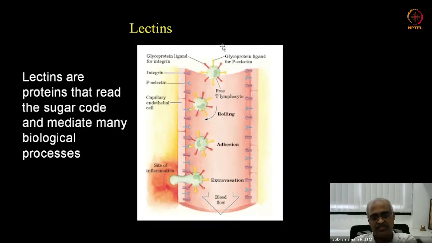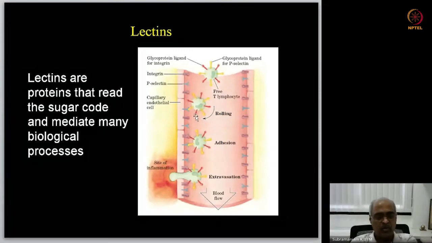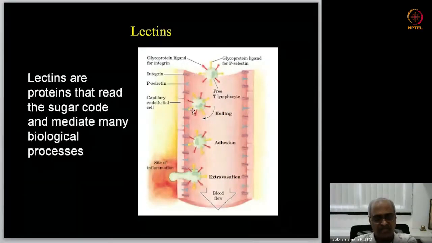As they keep going through the bloodstream, their surface molecules, the carbohydrate extensions of the glycoproteins, are bound by lectins called P-selectin in this case. When they bind to P-selectin, their flow is slowed down. Then when they detach and move, they slowly roll along the walls, and that's why it's called rolling motion.